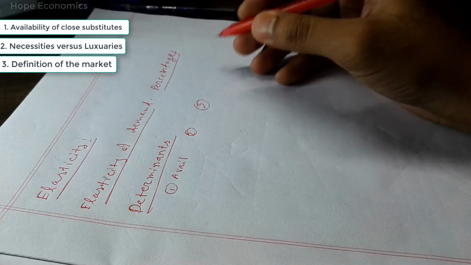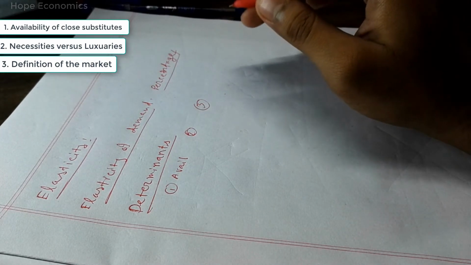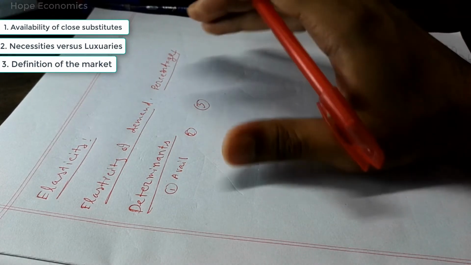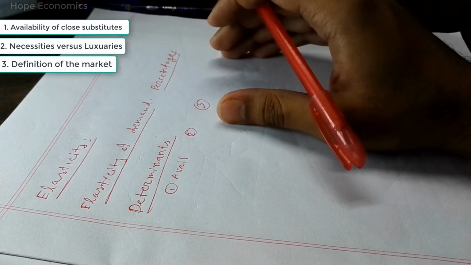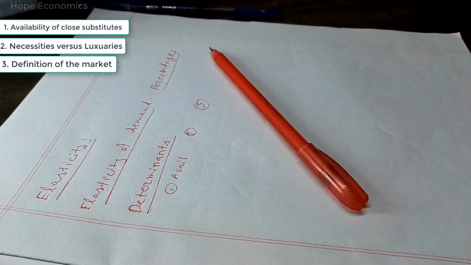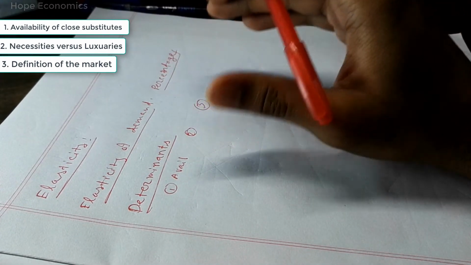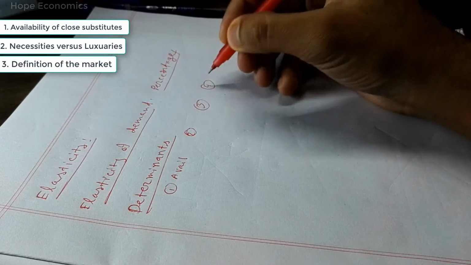In the case of a broad market it's kind of inelastic. In the case of a narrow market it's kind of elastic. We will discuss narrow and broad markets later. I think this is a macroeconomics aspect, so we are not going to discuss it here. And the fourth one is time horizon.